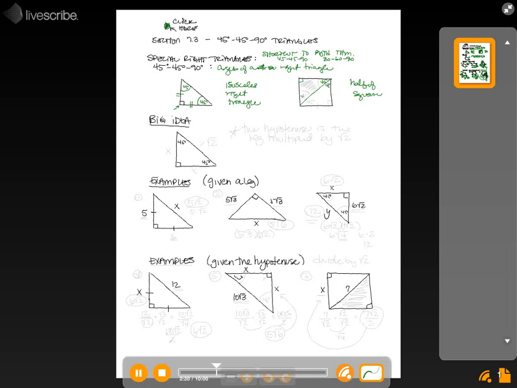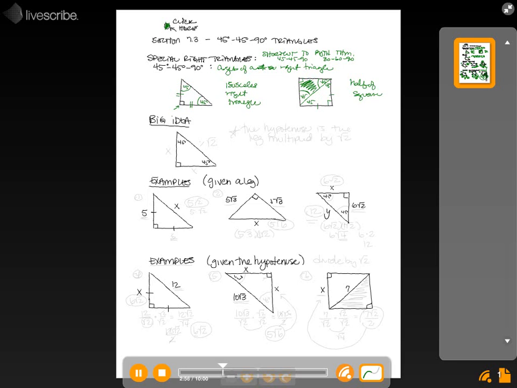So that's 45, that's 45, this is 45, this is 45. This is also 90. And we've got a 45, 45, 90 triangle on this side. Same thing happens on the other side. So this would be an isosceles right triangle. That's another way to think of it. You will see that. So make sure that you realize half of a square is a 45, 45, 90 triangle.